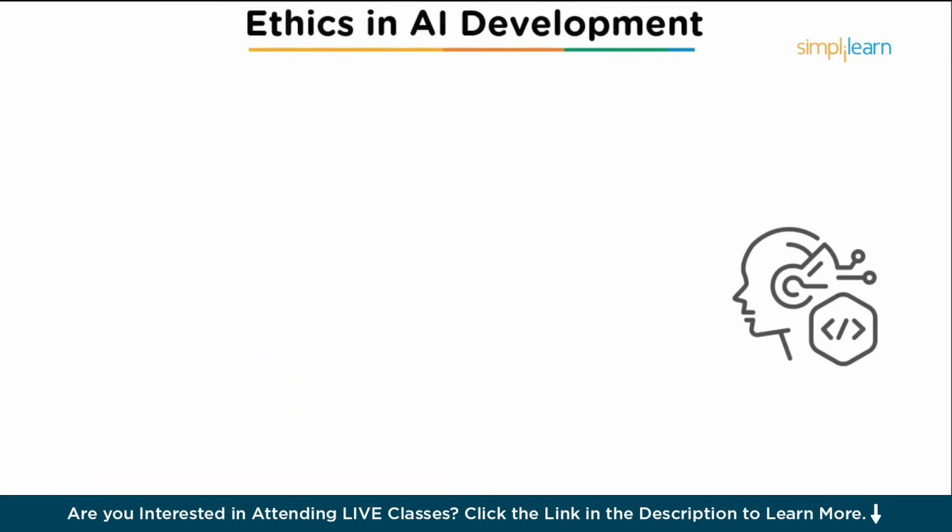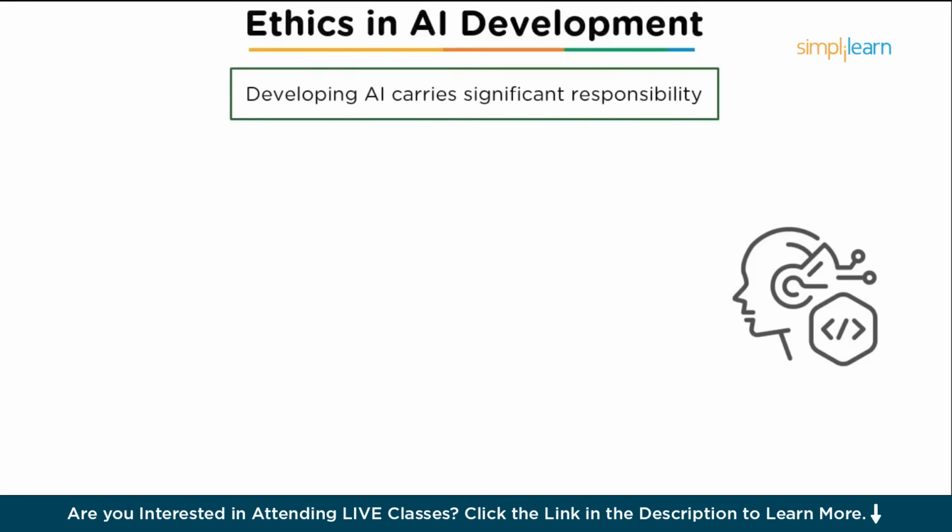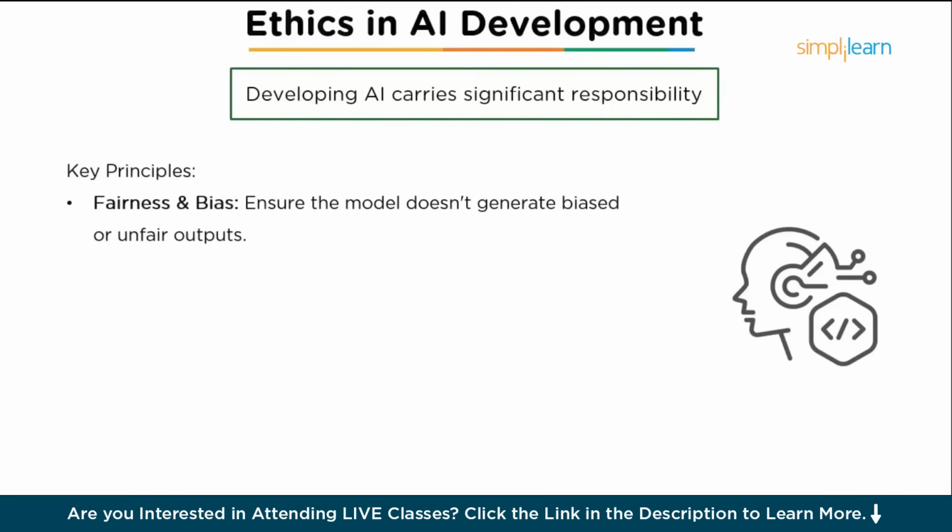So now let's discuss the ethics in AI development. Deploying AI, especially powerful models like Gemini, carries significant responsibility, making ethics in AI development a paramount concern. This field is guided by several key principles. Fairness and bias requires us to ensure the model doesn't generate biased or unfair outputs, promoting equitable treatment.